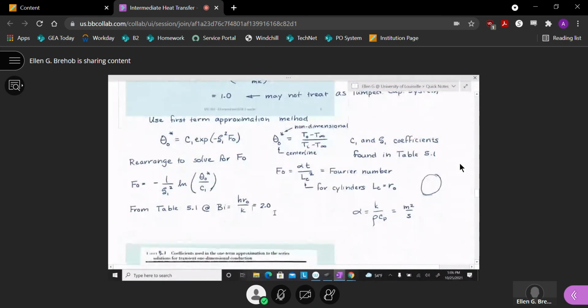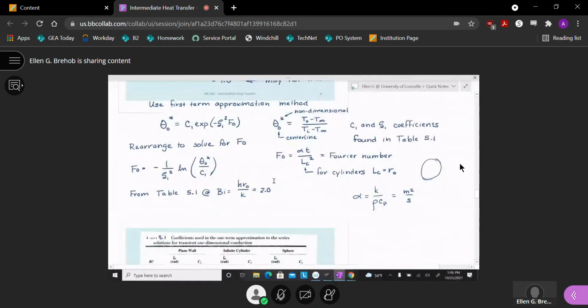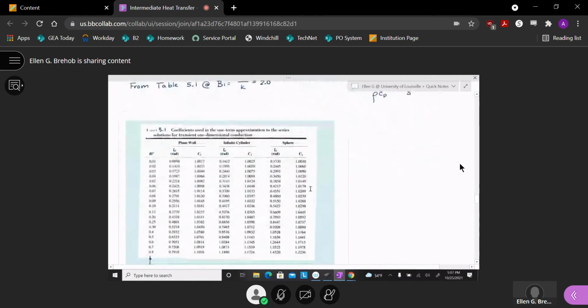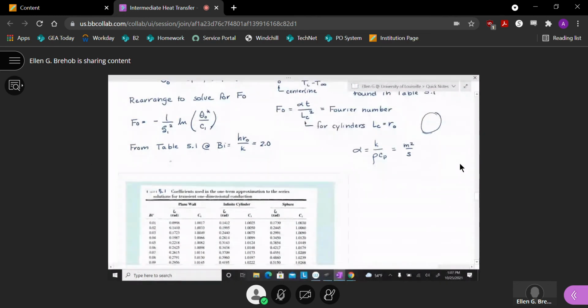But now we're using R0. And so we got a Biot number of 2. And I'm going to look up C1 and zeta 1. Oh, I'm not, because it's not on this chart. But this chart keeps going. So I would be looking down this column. And I'm going to find zeta 1 has units of radians, and C1 is just a constant.